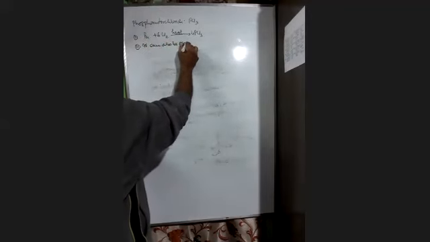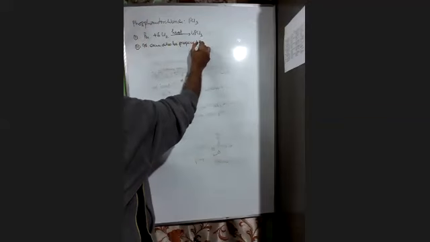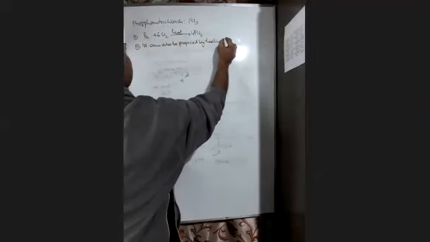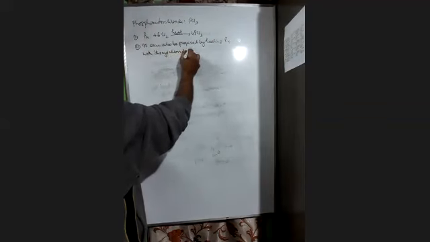Second, it can also be prepared by heating white phosphorus with thionyl chloride, because till now you have no idea what is the formula of thionyl chloride. I am writing by spelling.